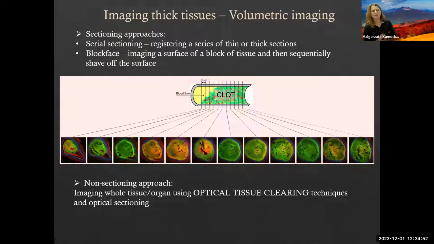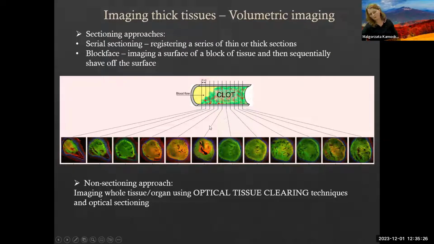So there are several approaches allowing us to do this type of imaging, and mainly people do sectioning approaches, which can be done by doing serial sectioning of the big structure, like I presented in this picture, where I was specifically interested in looking at the clot formation in a carotid artery, which is big, and actually even the wall of the artery is too big to image through.